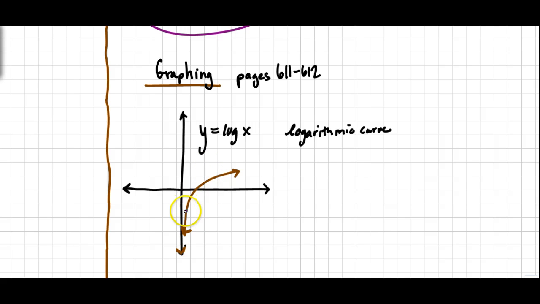Notice that the line does not cross the y-axis, so the y-axis is an asymptote. Remember that the exponential curve had an asymptote as well, but that was on the x-axis. So now the y-axis is the asymptote. Another way to describe the y-axis is simply to say x equals 0.